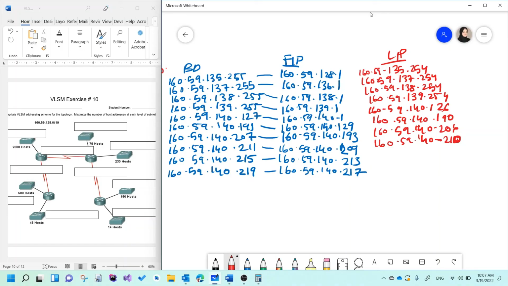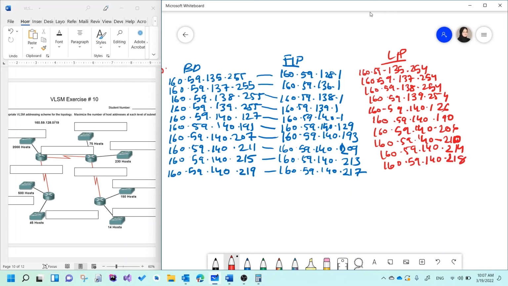Oops, 210. 160.59.140.210. This one would be 214. And then this one would be 218. 59, 140, 218.